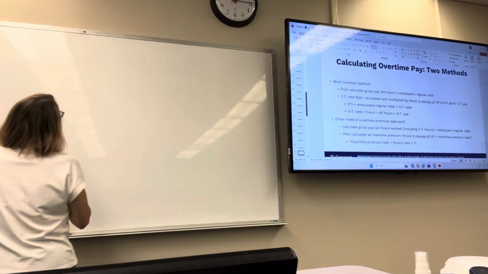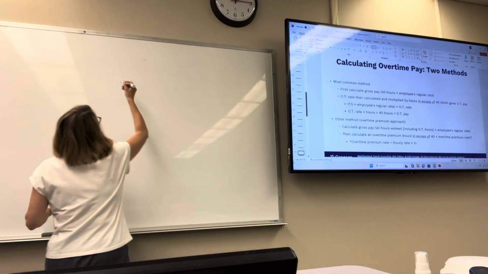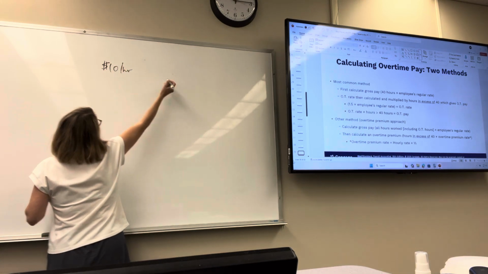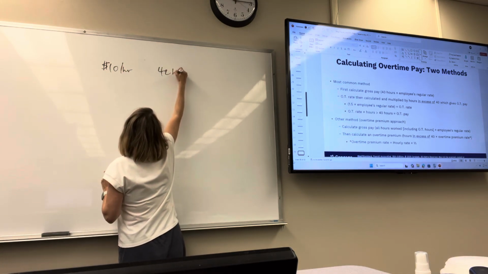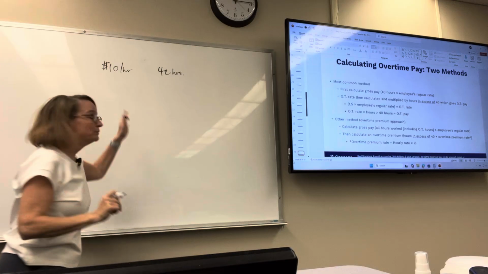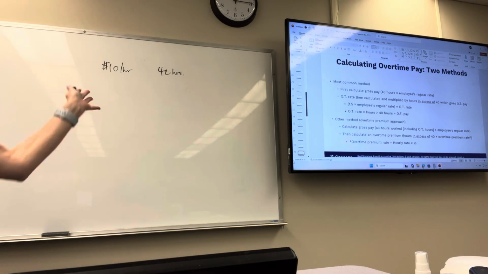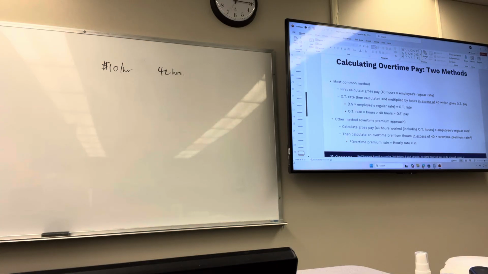So let's just say we have somebody who makes $10 an hour and they work 42 hours in the week. How would you calculate their overtime? What would you do? If that was your paycheck, how would you figure ahead of time? Because I know all of you, you've got that accounting mind. You're going to calculate your paycheck before you get it.